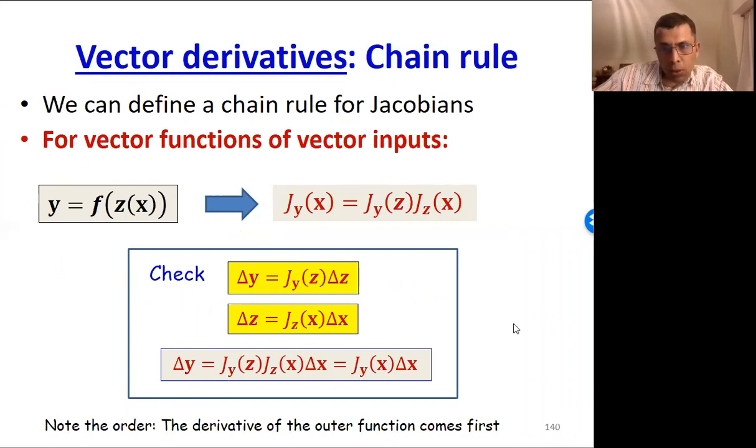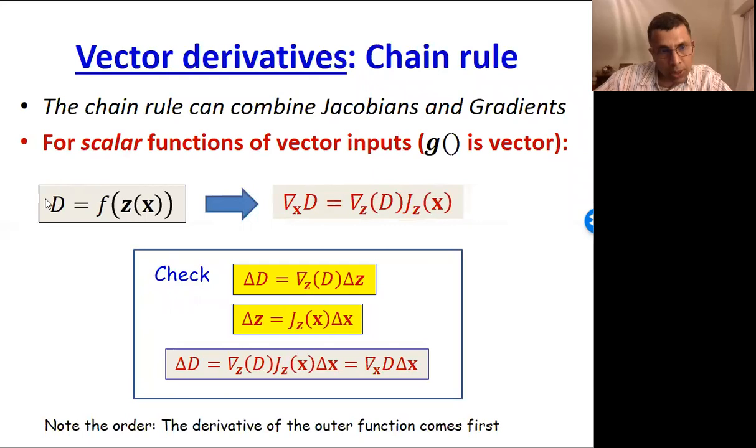Now this holds when I have a nested function where the output is a vector. This also holds when the output is a scalar. So for example, if I have d, which is a scalar, as some function of z of x.